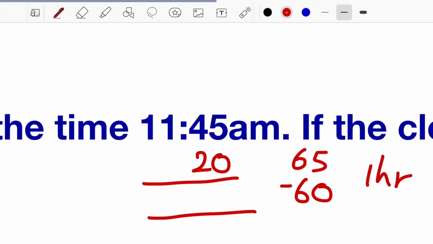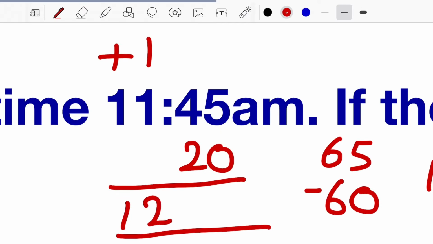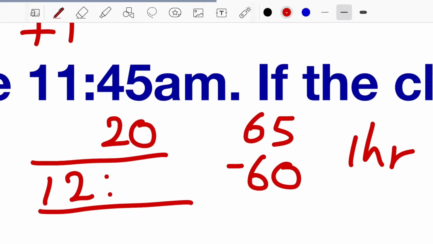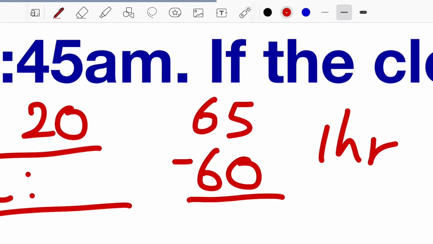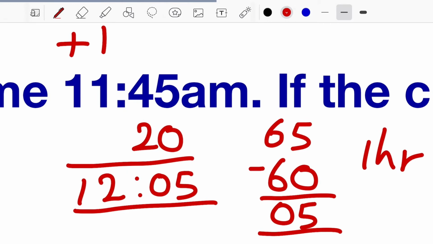So we're going to take that hour and carry it over here. So the 11 becomes 12. And the difference that we get here, 65 minus 60, is 5. So we put a 5, the remainder here. So the correct time is 12:05.